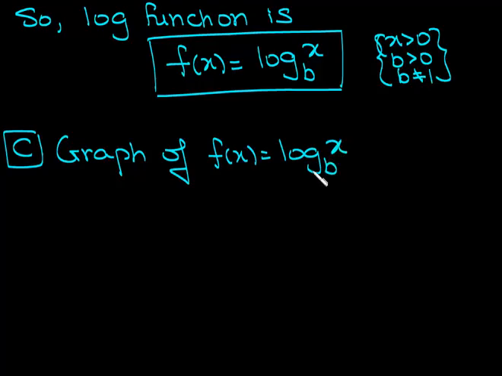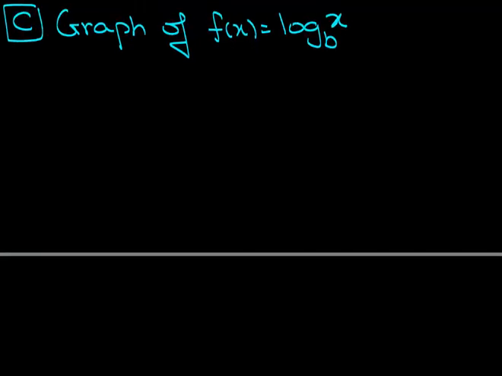It shouldn't be that difficult, because this is the inverse of an exponential function, and we already know what the graph of the exponential function looks like. Once we have that graph, we can just fold it over the line y is equal to x to get the graph of the log function.